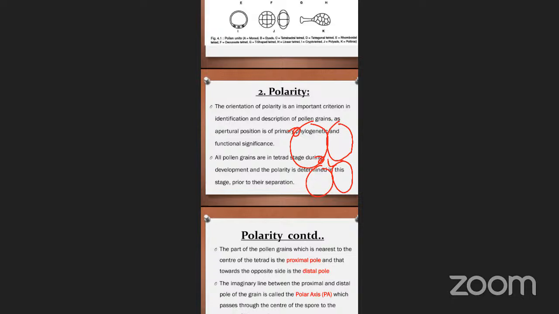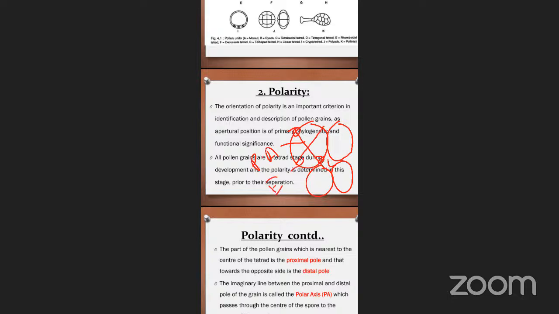Imagine a line between the proximal and distal poles. This imaginary line is called the polar axis, shortcut PA. Another imaginary line, perpendicular to the polar axis, is called the equatorial axis.